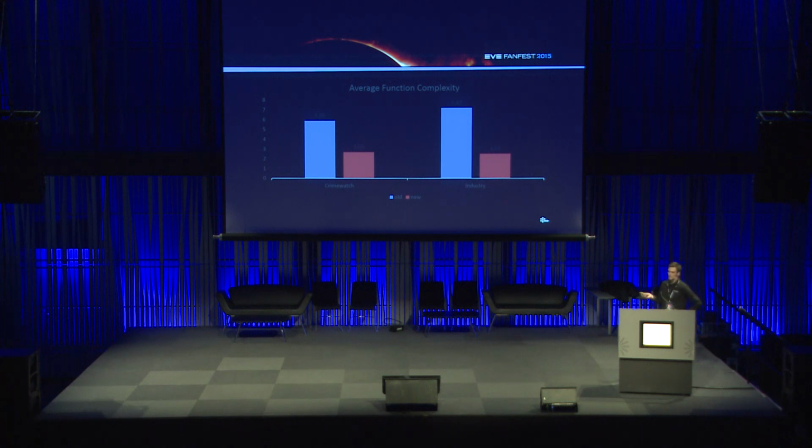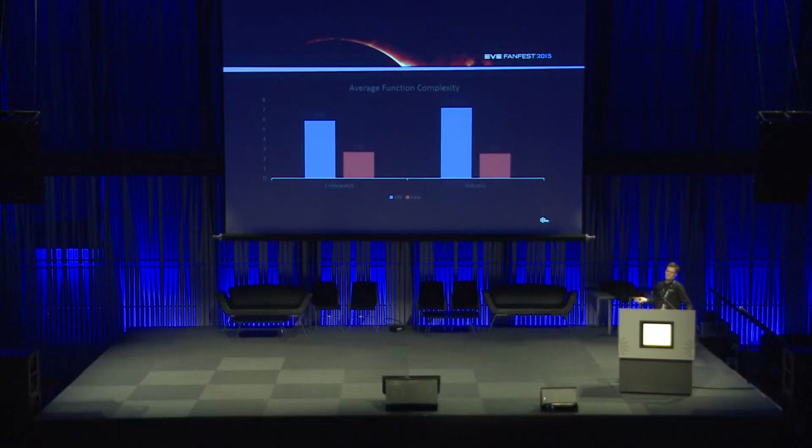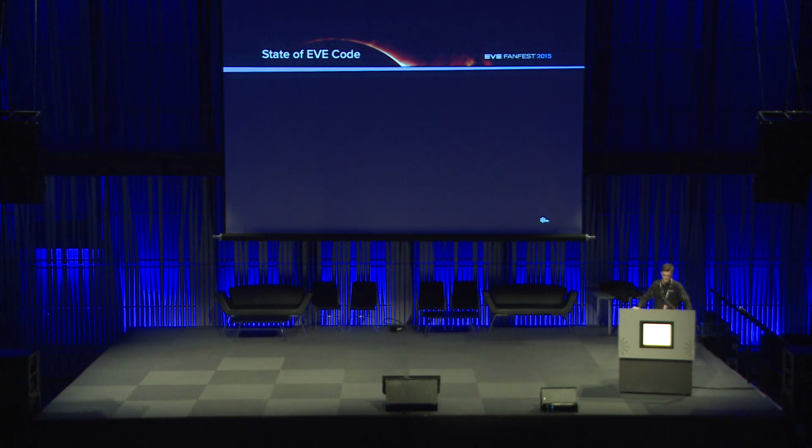I think the lower you have this the better, although once you're down to these values it doesn't really matter that much. But you can see, from an average complexity of 7.19 to 2.5, it's going to be hard to rationalize that the old code is better, right? So basically, the code is better.